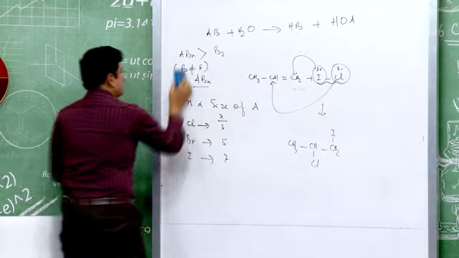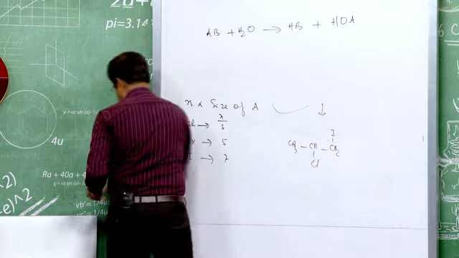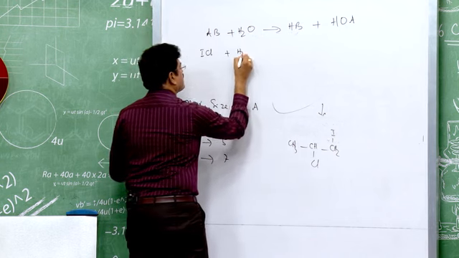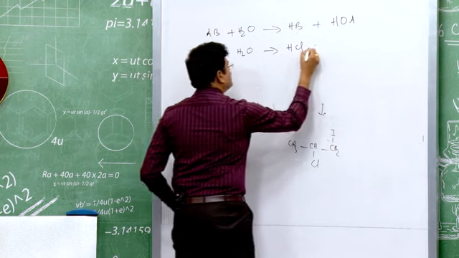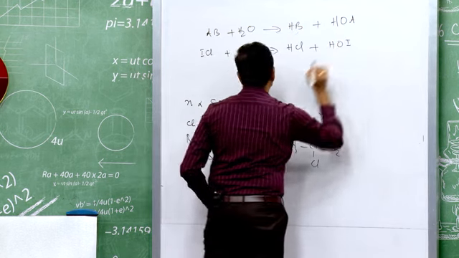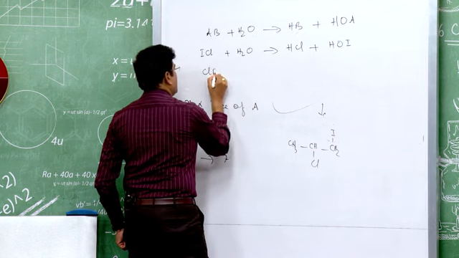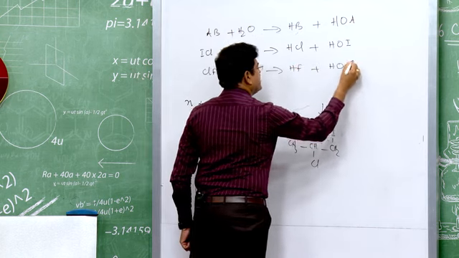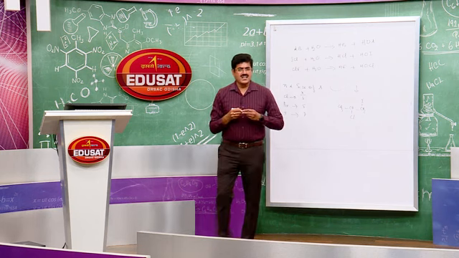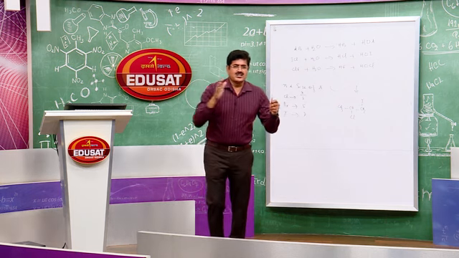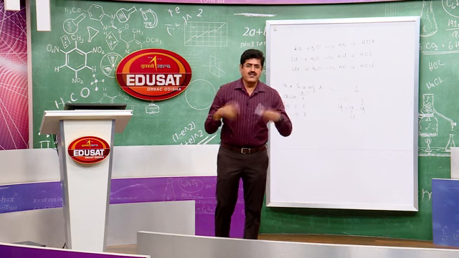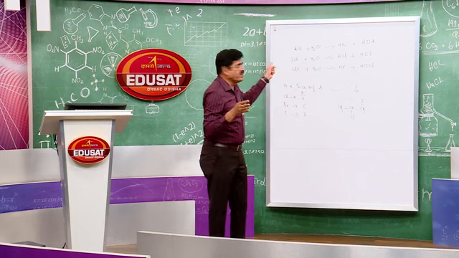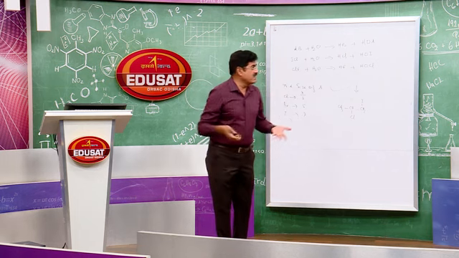For example, ICl plus water gives HCl and HOI, hypoiodous acid. ClF plus water gives HF plus HOCl, etc. Similarly, for the other interhalogen compounds like AB3, when AB3 undergoes hydrolysis, what does it give? AB gives hypohalite, but when it is AB3, it gives halite.